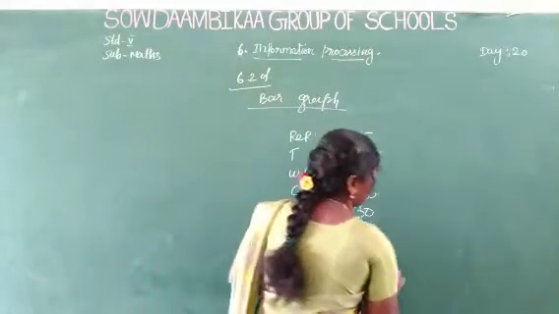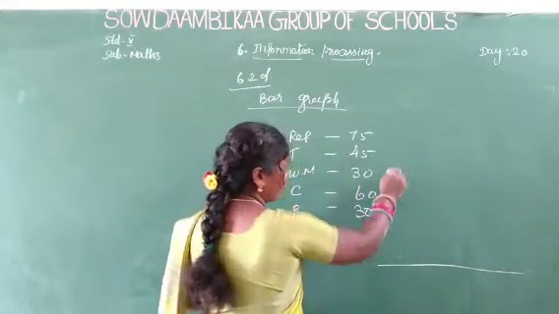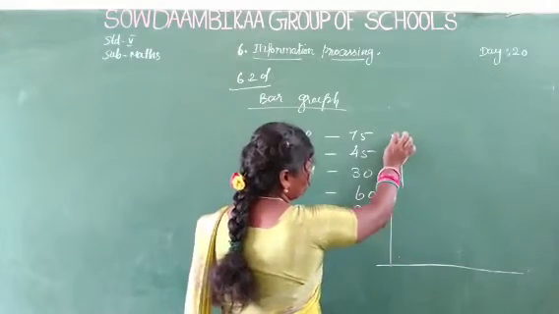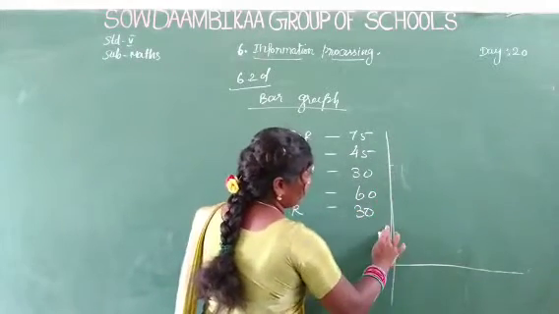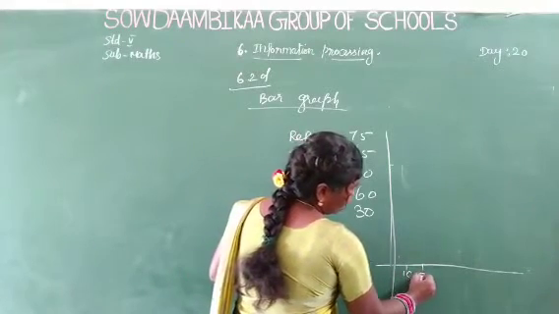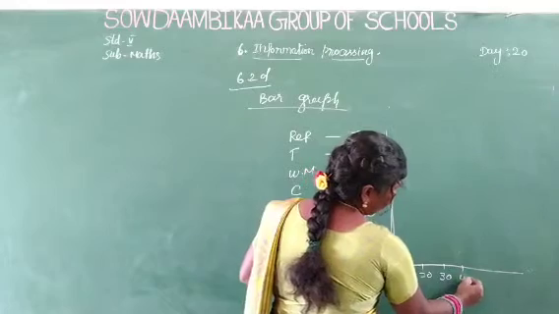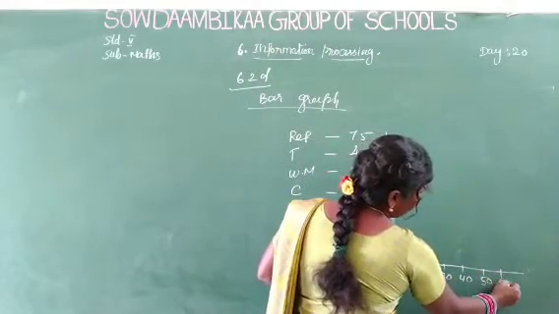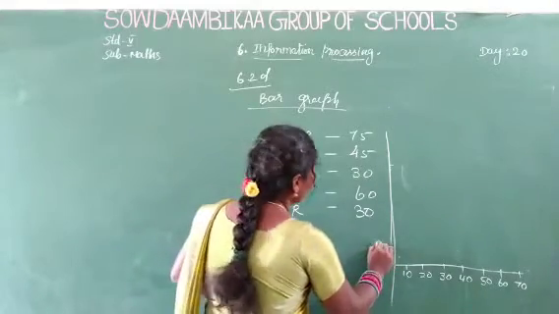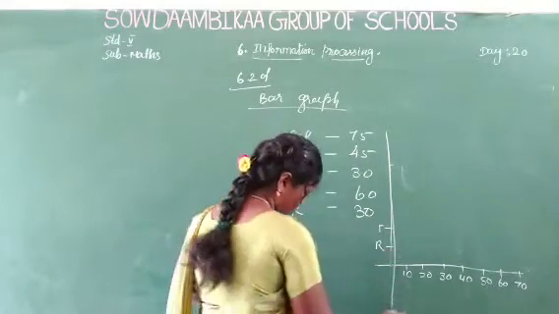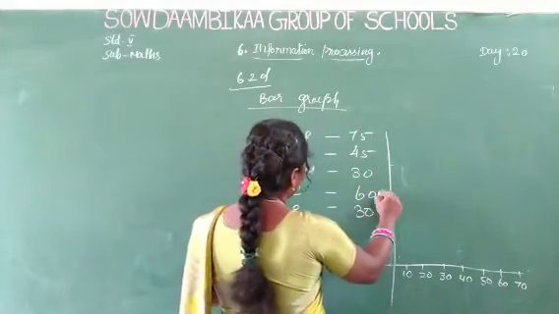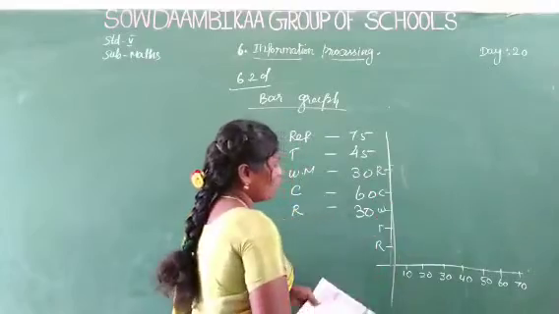Now draw the bar graph. Because this is a bar graph sum, the scale is 10, 20, 30, 40, 50, 60, 70. Here: refrigerator, television, washing machine, cooler, radio.